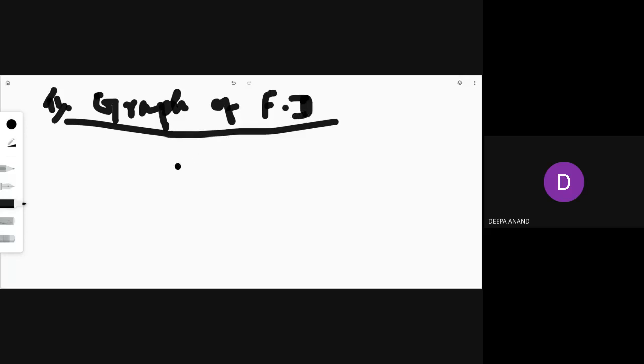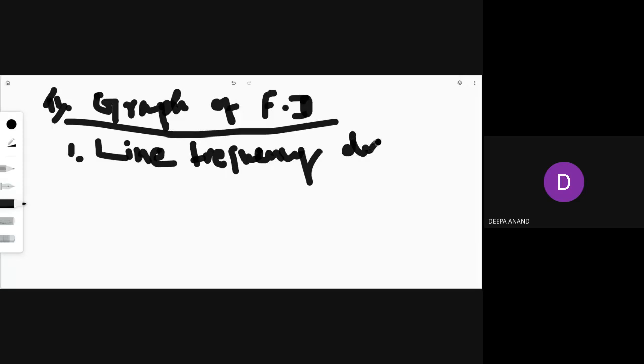Under graph of frequency distribution, there are different types: line frequency diagram, then histogram. So you must be thinking you have seen this line diagram and histogram in the previous case also.